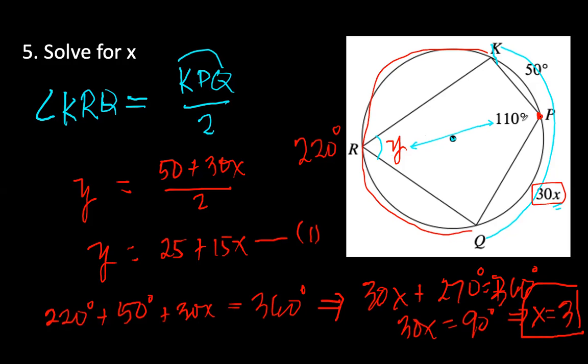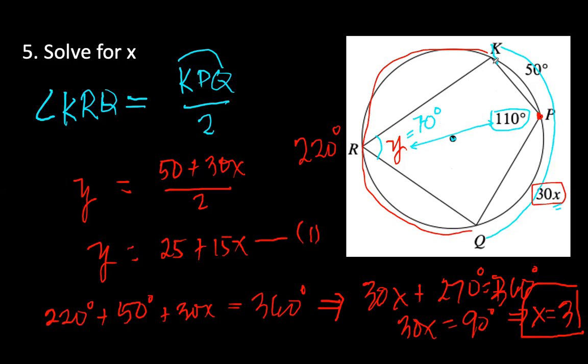Okay, so they are supplementary. And if this is 110 degrees, since they are supplementary, therefore y is equal to what? 50, sorry, 70, right? 70 degrees. So that's supplementary.